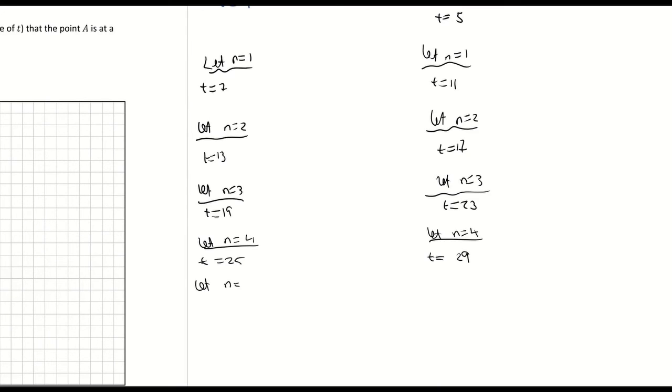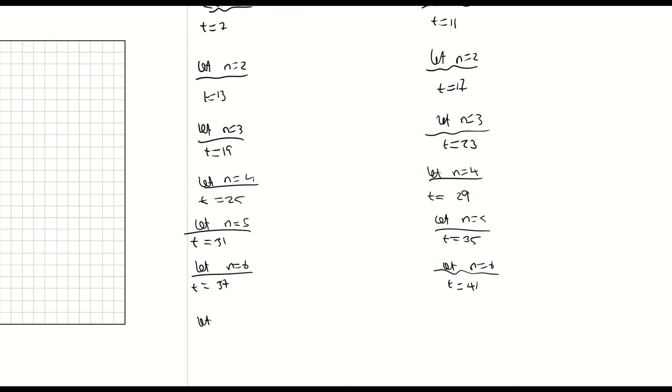Let n now equal to 5, t is equal to 31, t is equal to 35. Let n is equal to 6, I have t is equal to 37, t is equal to 41. Let n is equal to 7, t is equal to 43 and t is equal to 47.